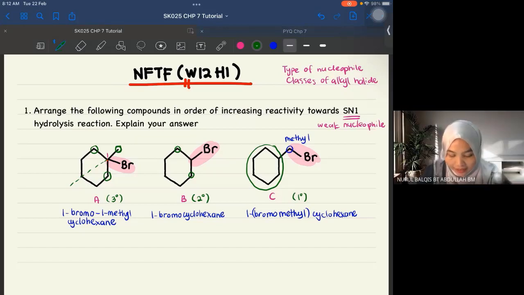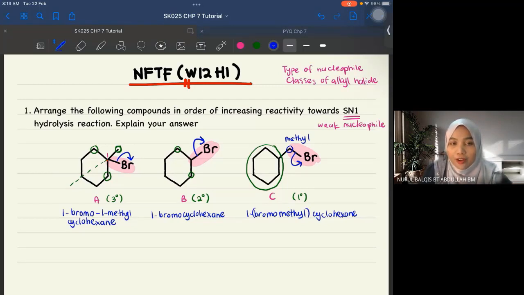A got the highest ke? Kenapa awak cakap A? During the 2 steps mechanism, what kind of intermediate is formed? Bila kita remove kan Br ni, kita akan form intermediate jenis apa? Yes, carbocation. So you have to bear in mind when it comes to SN1 mechanism, factors affecting their reactivity rely on the stability of carbocation.